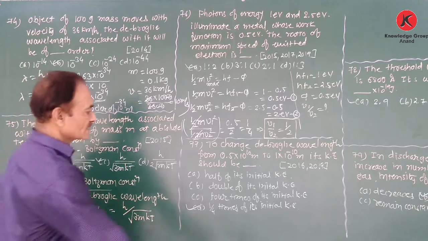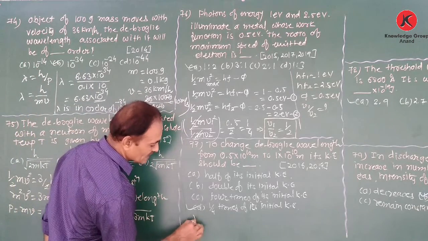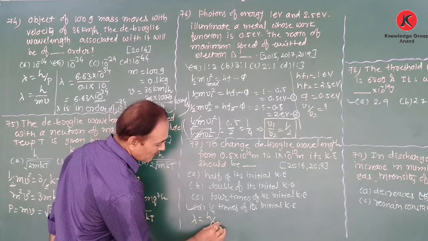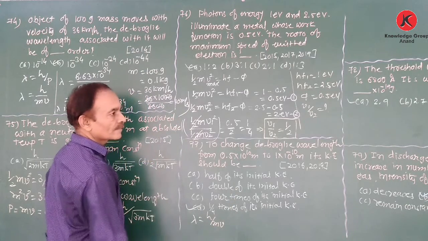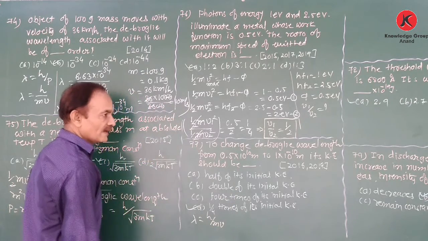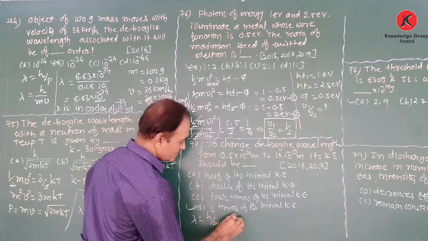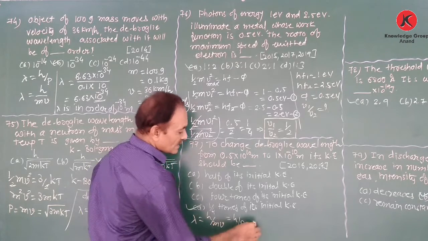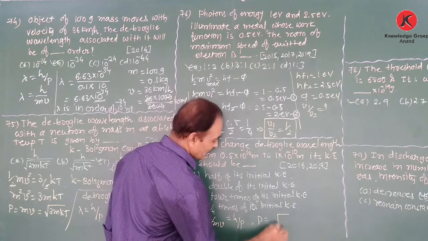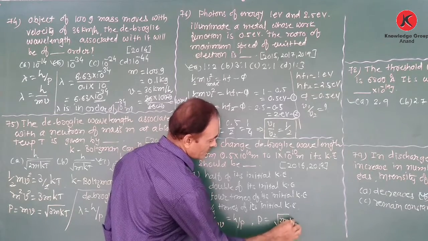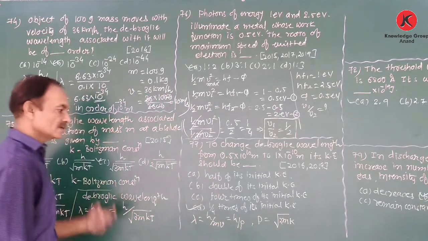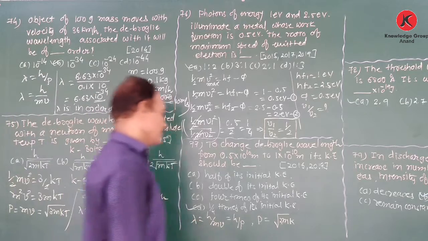First, we know that the de Broglie wavelength lambda is equal to h upon p. Now the momentum in terms of the kinetic energy is p equal to under root of 2mK. Substitute here.